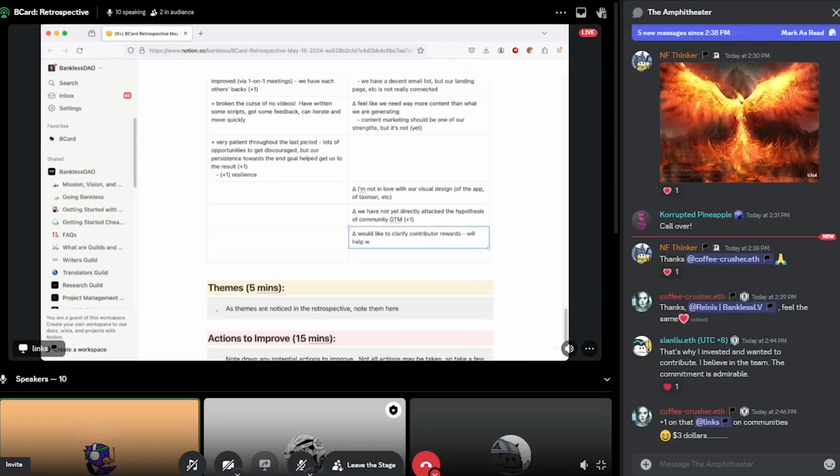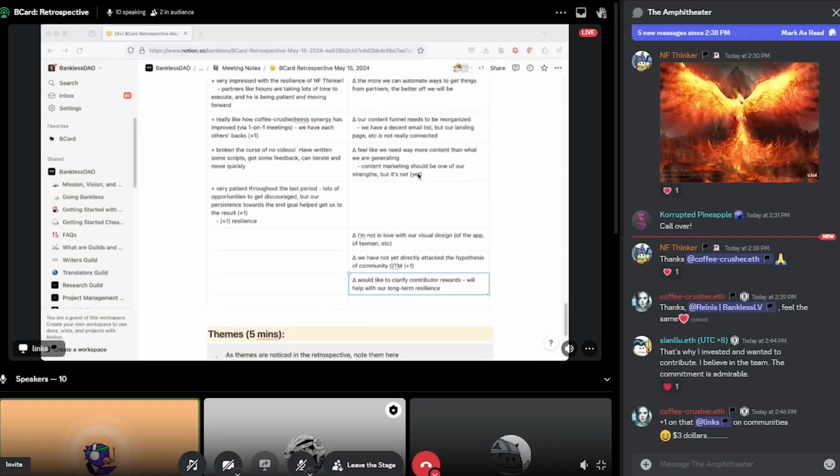On the things to improve, like Coffee mentioned about making sure the payouts go out, I think we also need to start looking at that from a risk management perspective, so that we don't accidentally or inadvertently pay out more than we should, and get off a sustainable path because of that.